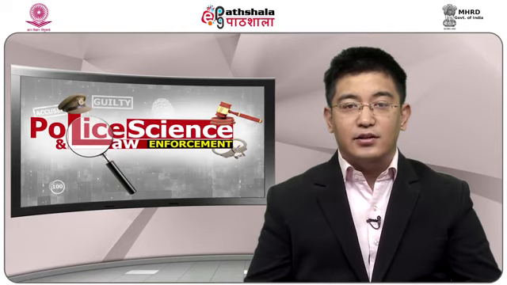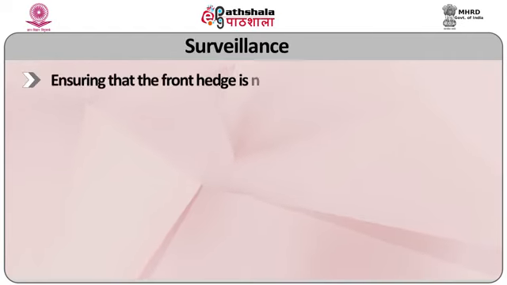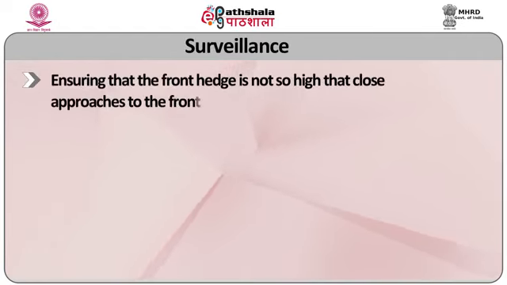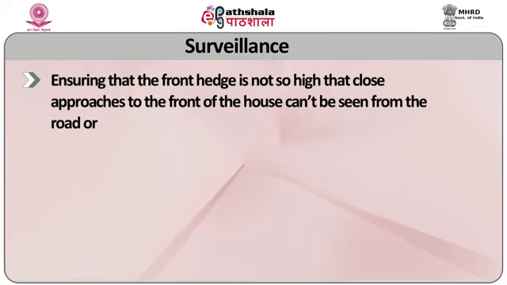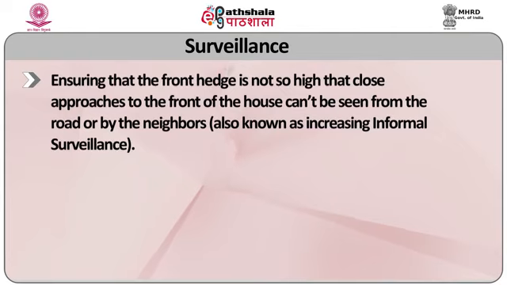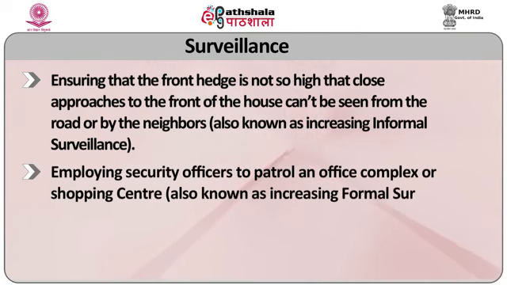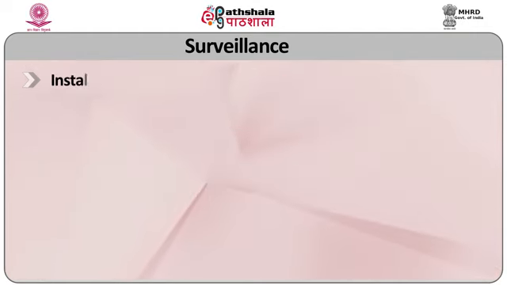Surveillance is another strategy. Criminals would rather not have their crimes witnessed, and you can deter some by ensuring that the front hedge is not so high that the closest approach to the front of the house can't be seen from the road or by the neighbors. Also known as increasing informal surveillance. Employing security officers to patrol an office complex or shopping center, also known as increasing formal surveillance.